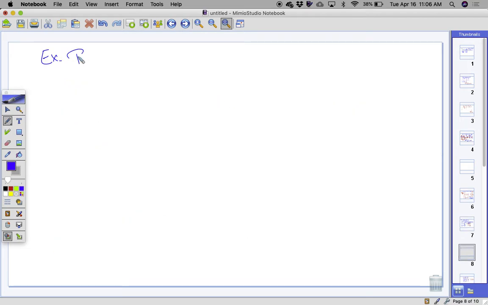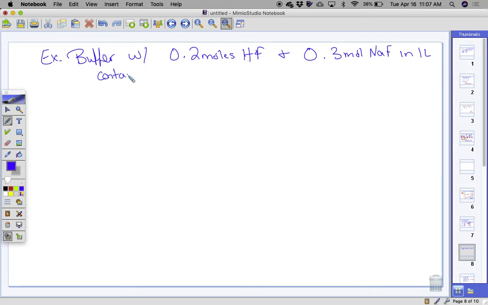So let's say we have a buffer with 0.2 moles of HF and 0.3 moles of NaF in a 1 liter container. And I did that on purpose, so I didn't have to worry about mixing stuff and changing molarities, by the way.